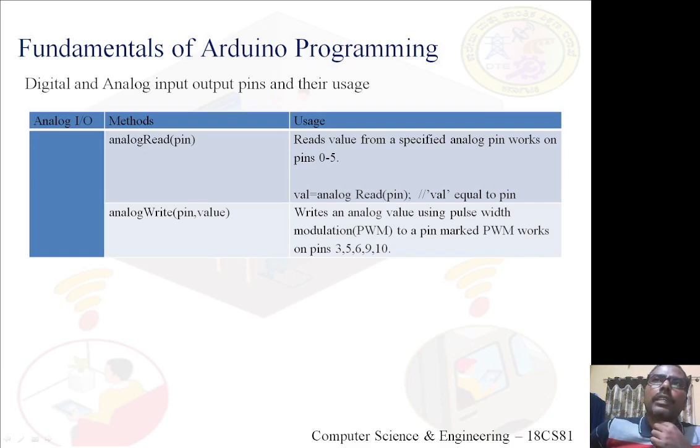Now, analogWrite writes an analog value using pulse width modulation to a pin marked PWM. So I repeat, analogWrite writes an analog value for PWM pins.